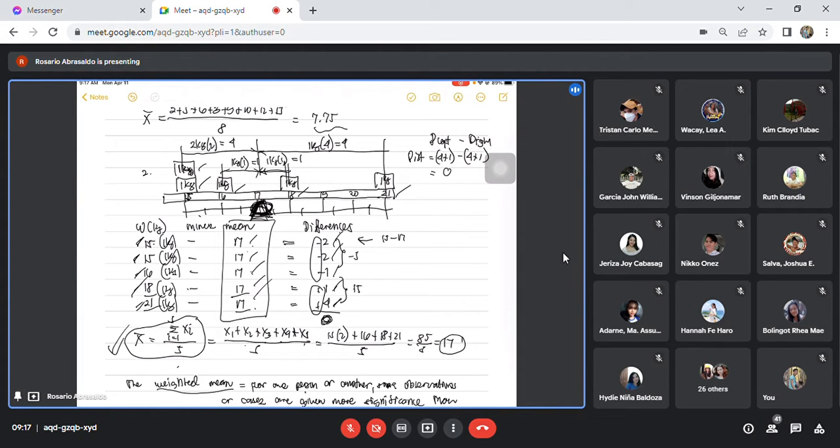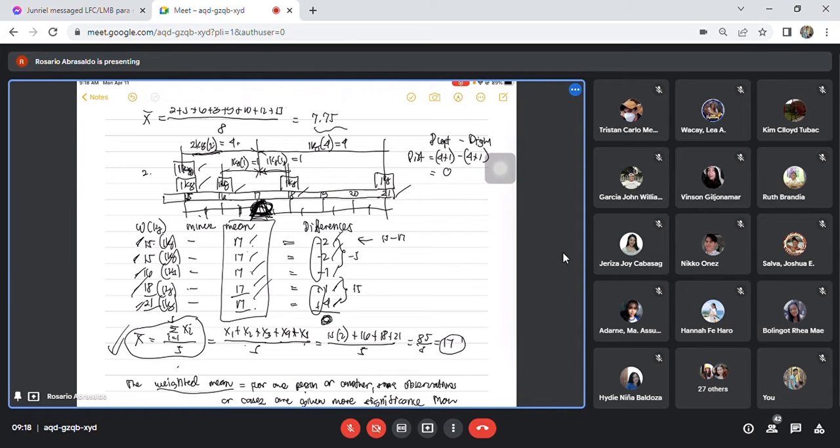Okay, if we look at the distance, at 15 there are 2 kilograms placed at point 15, and the distance from the mean is 2 units, 1, 2. So the distance from 15 to 17 is 2 units. That's why I multiply 2 times 2 here, and we get 4. For point 16, you placed 1 kilogram, and its distance from the mean is 1 unit.